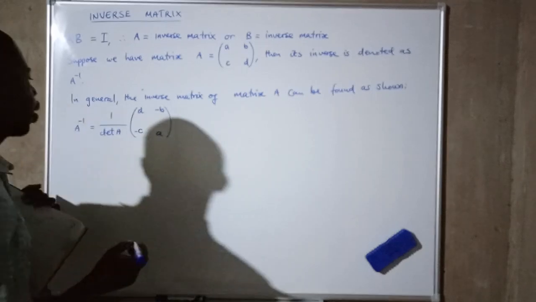So let's look at an example. We have two examples actually. Example 1 says if M is a matrix which is equal to, open brackets, negative 1, 3, 1, 2.